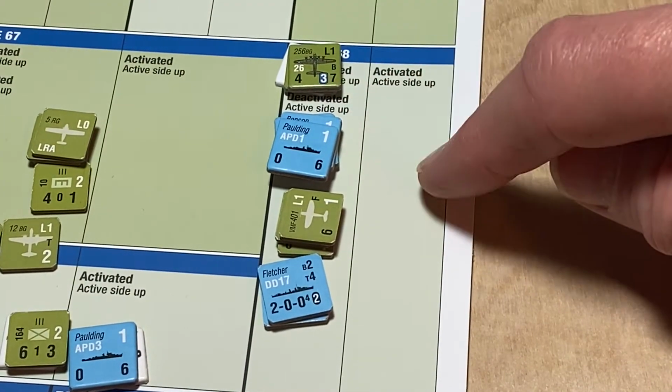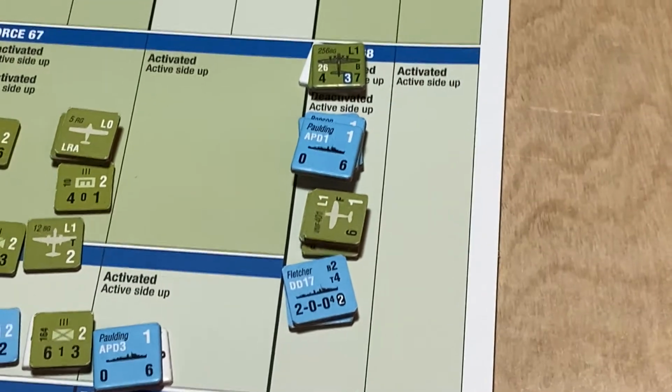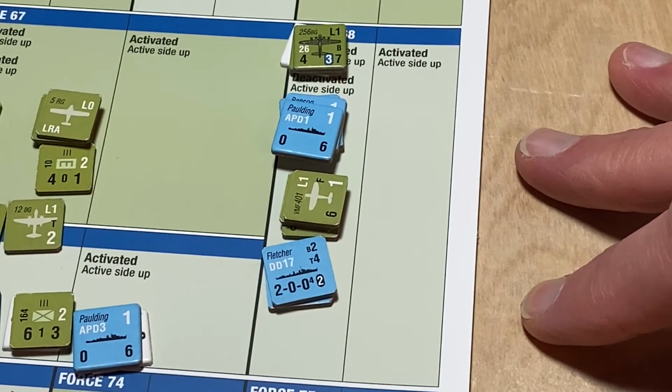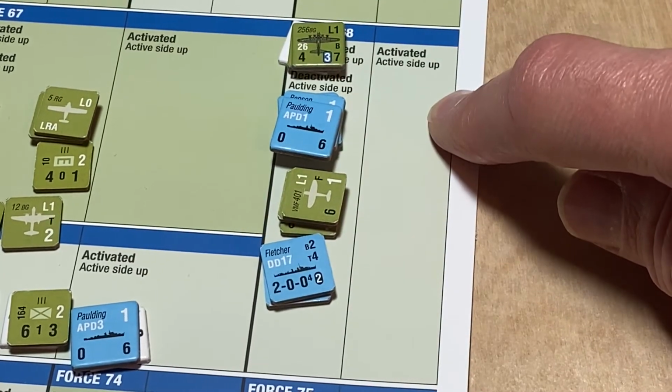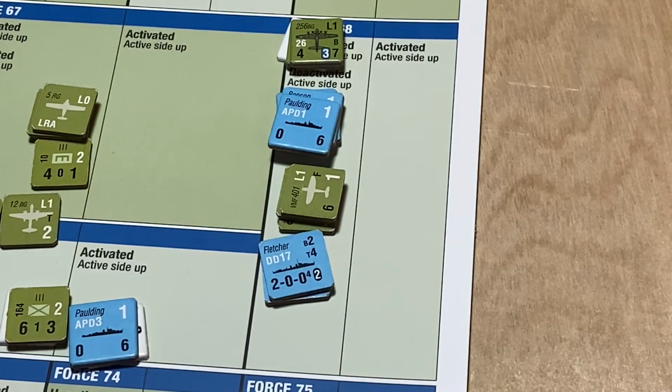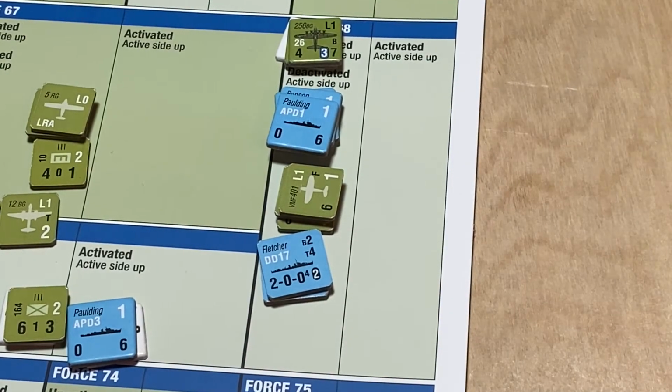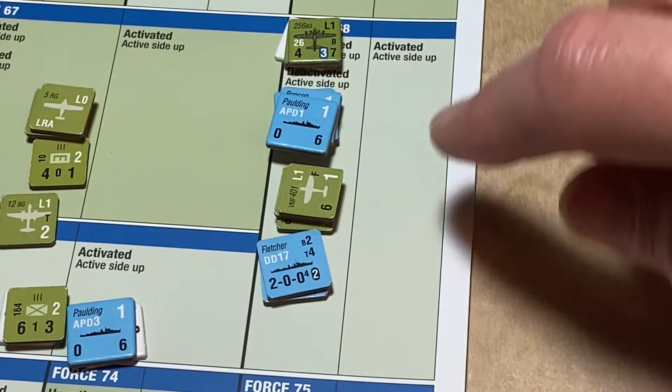But really, there almost should be three boxes for each force area, which could get kind of crazy, but that's really what's happening here.